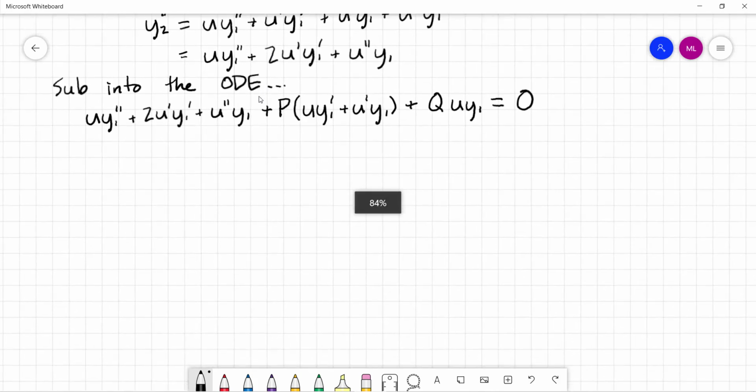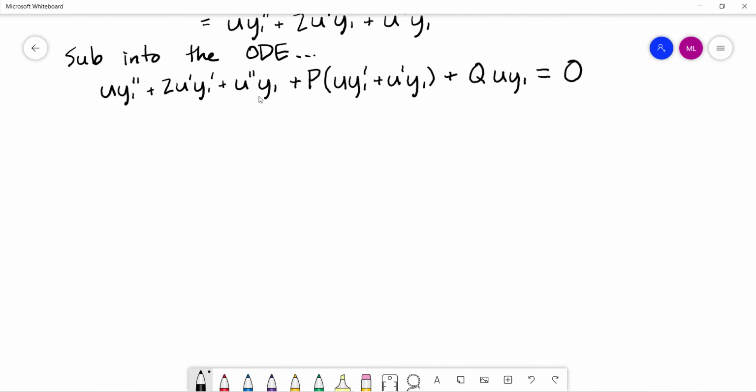Okay, so here is all the terms that we found plugged into the differential equation. And it looks scary, but I want to try to clean some things up. And I'm going to do it by just algebraically reorganizing and regrouping some of these terms. So the first thing I want to do is basically kind of cleverly pick out some of these terms that involve y1 double prime, y1 prime, and y1.